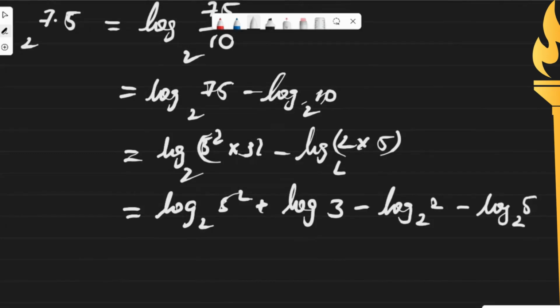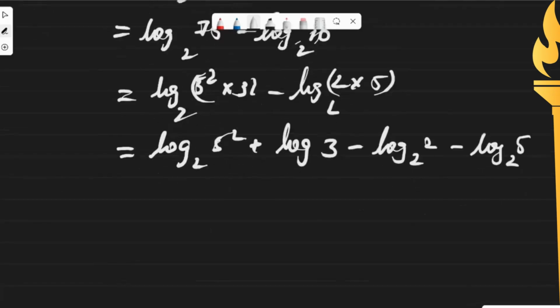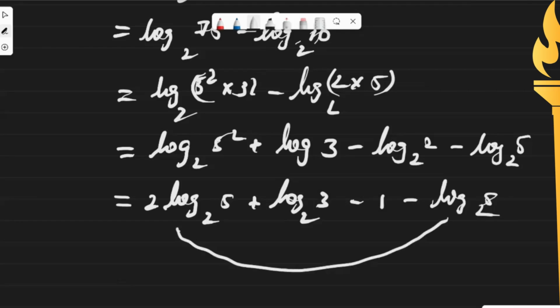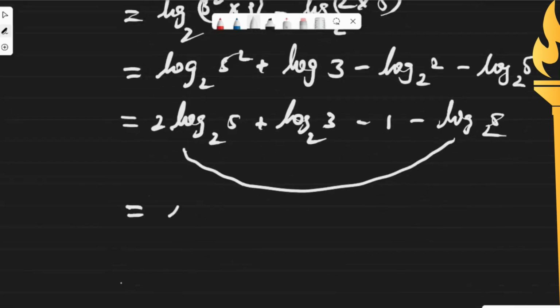minus log 2 base 2 minus log 5 base 2. Here we get minus because the whole term should be multiplied by minus, because it is minus 2 into 5 base 2. Next, we know that log a power n is n log a. So log 5 power 2 is 2 log 5 base 2 plus log 3 base 2 minus log a base a equal to 1 minus log 5 base 2. 2 log 5 base 2 minus log 5 base 2 is 1 log 5 base 2.